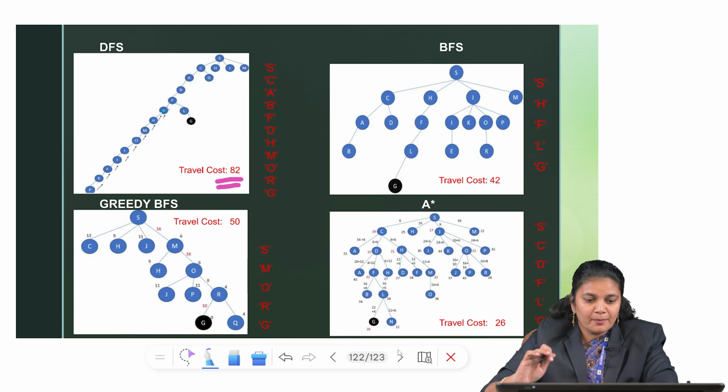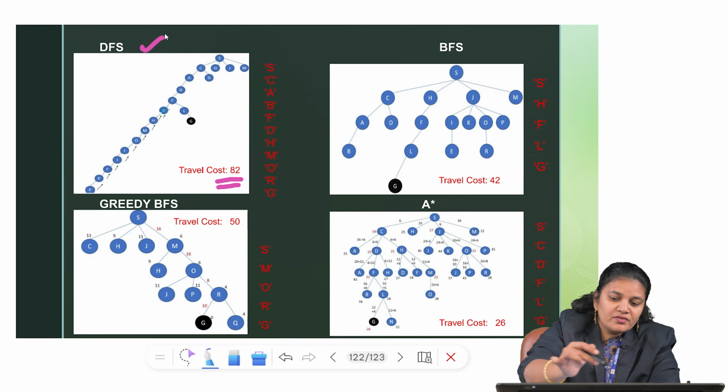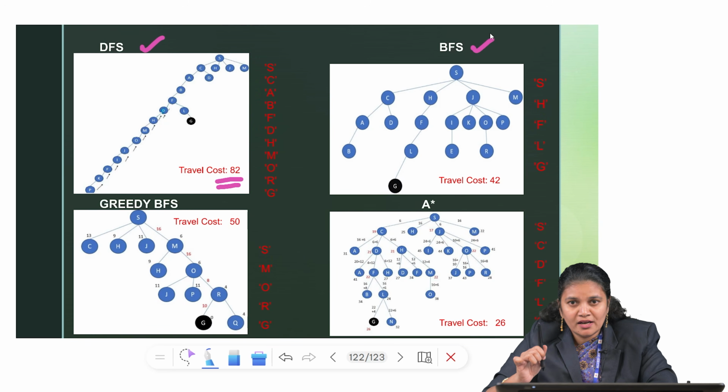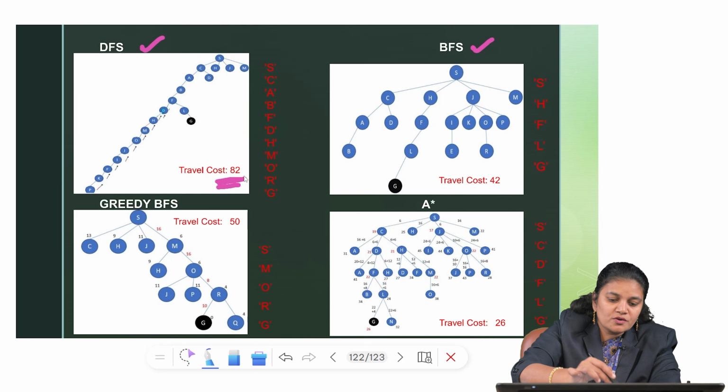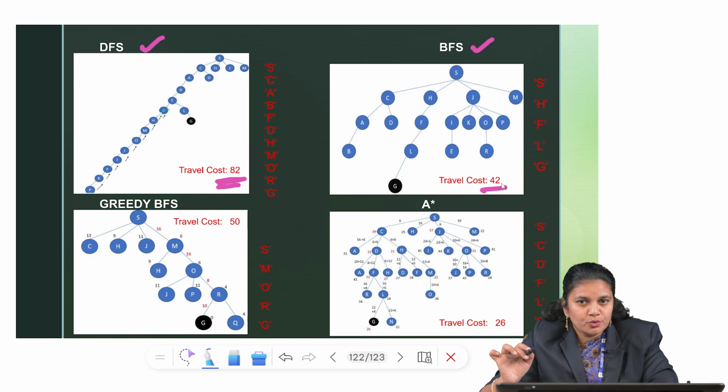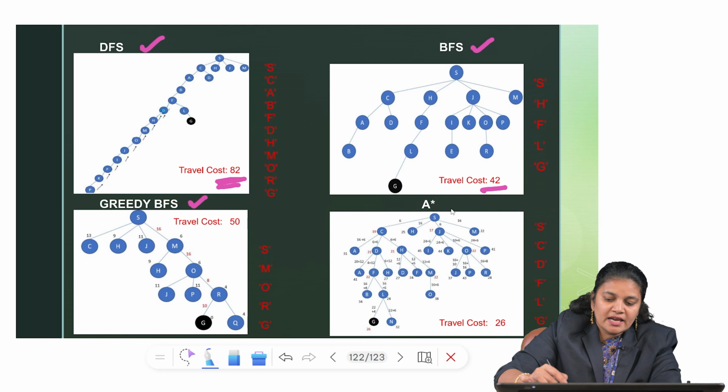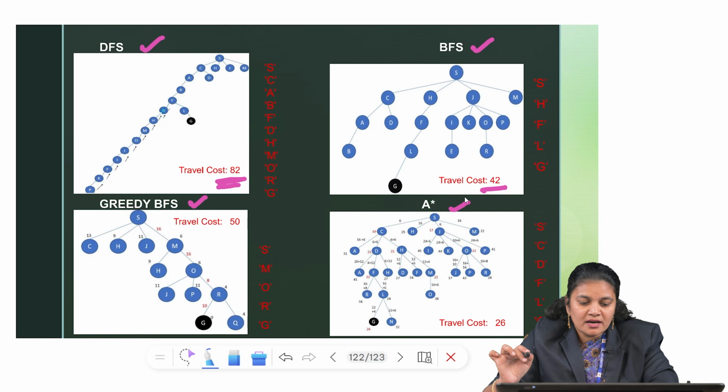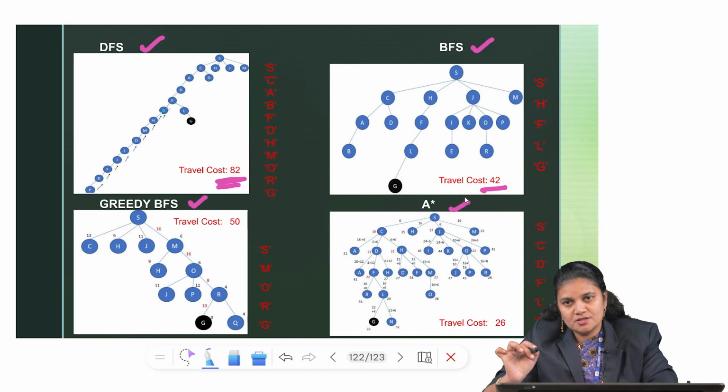Let us compare all the 4 algorithms that we have seen. DFS and BFS are uninformed search algorithms. We got a travel cost of 82 in DFS and 42 in BFS. Greedy best first search and A star are heuristic, informed search algorithms.